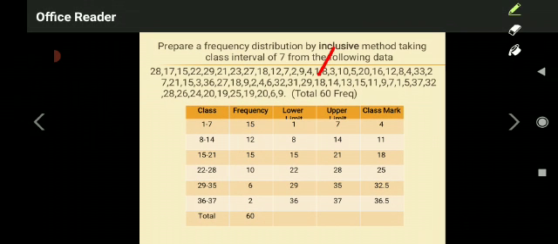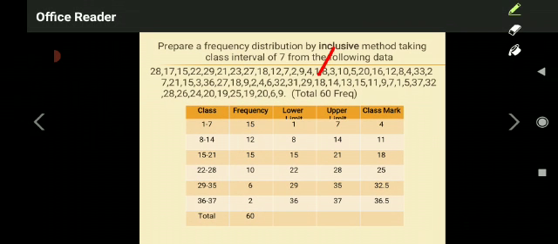If it is 1, you have to start the class interval with 1 to 7. You know why it is 1? 1 is the lowest observation in the data information, and 7 is given already in the question. You have to prepare the class interval like this. If 7 is given, immediately you have to search for the lowest observation in the data information, that is 1.